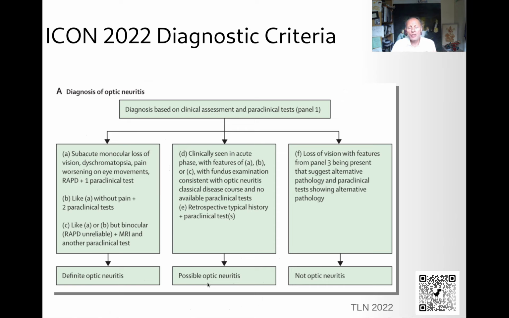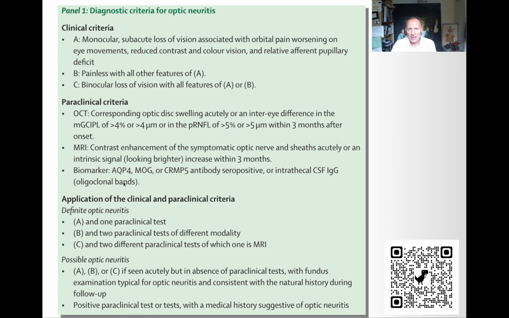Now, the combination of the clinical scenario with the paraclinical test is very easy, as you will see in the next slide. Once you have determined your clinical scenario, you move to the paraclinical criteria, of which we have three: OCT, MRI, and biomarkers.